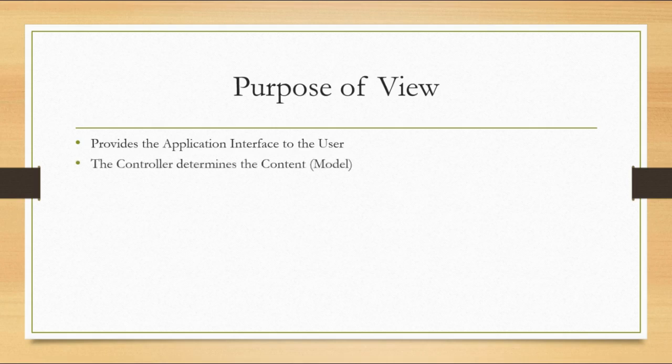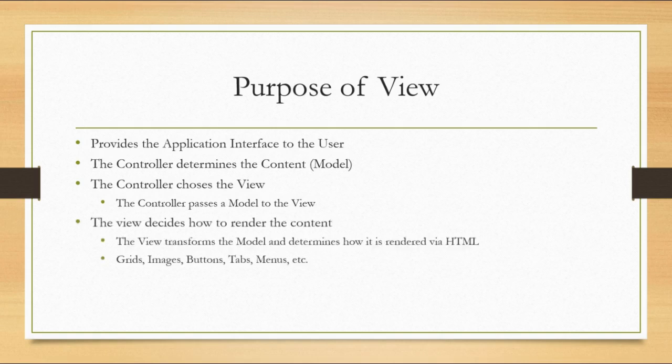So the controller determines the content, also known as the model. The controller then chooses the view. The controller passes a model or data content to the view, and the view determines how to render the content.